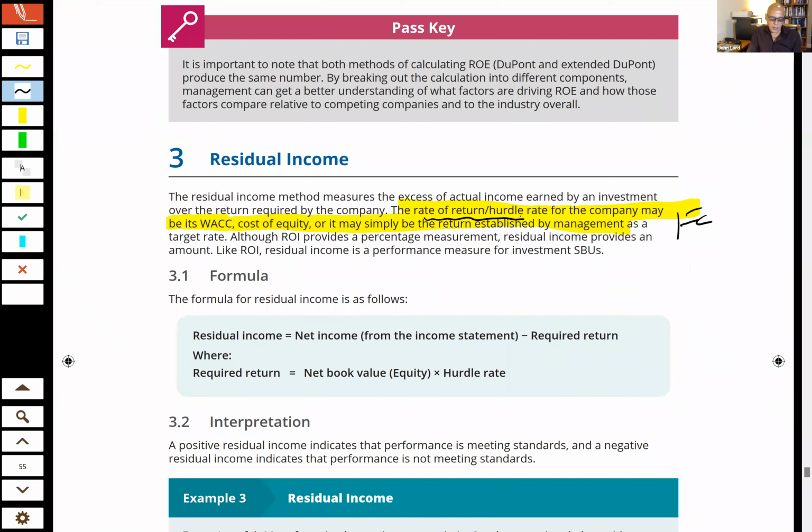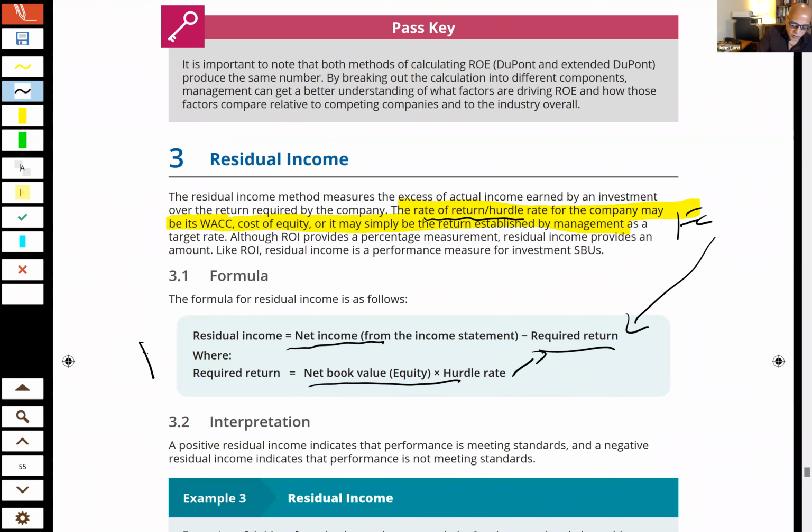We talked about weighted average cost of capital, I think, in B1 or B2, I forget now. But let's take a look. Our residual income is whatever our net income is minus the required return, which we just calculated up there. And the required return is going to be the net book value times the hurdle rate, which again would maybe be that weighted average cost of capital, et cetera.